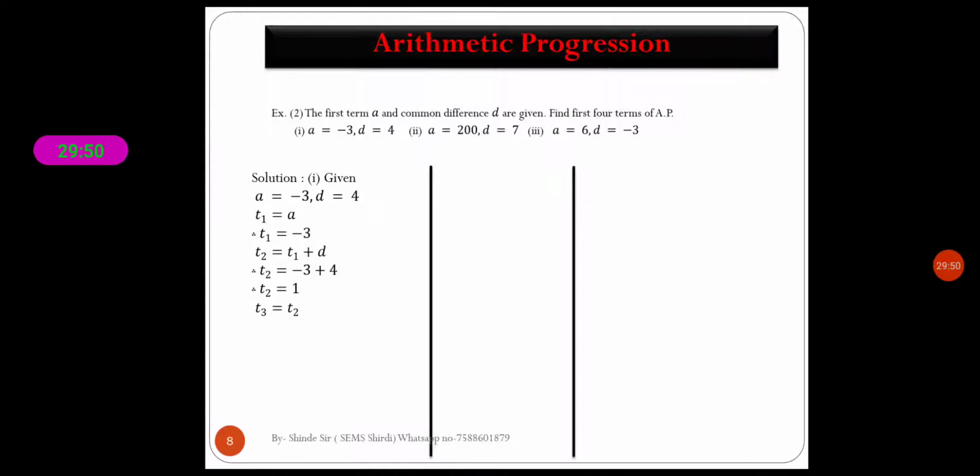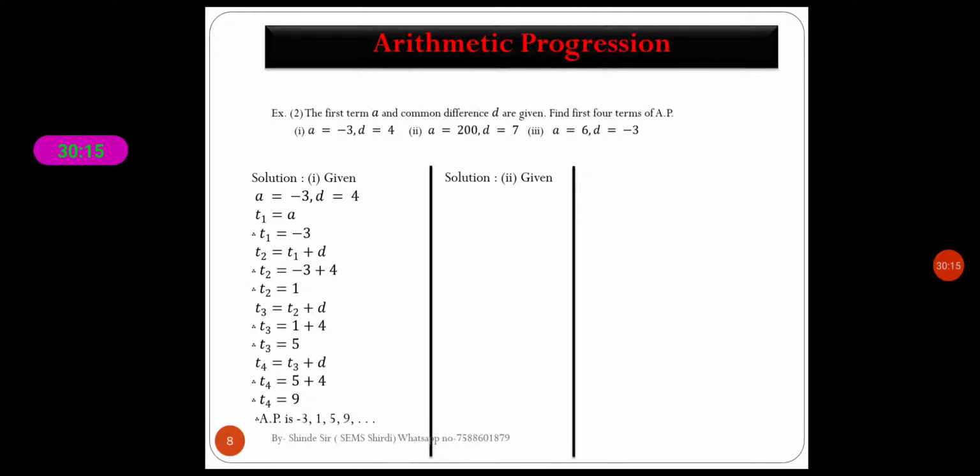Now t3 is t2 plus d. Therefore t3 is equal to 1 plus 4, which is 5. Similarly, t4 is equal to 9. Therefore, the AP is minus 3, 1, 5, 9 and so on.